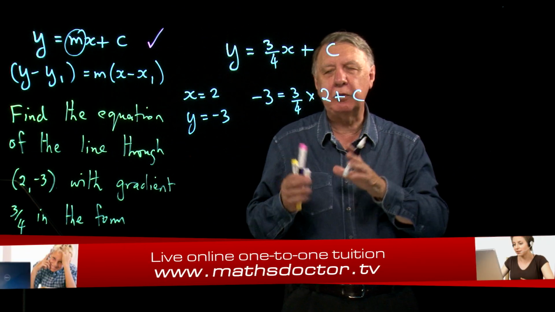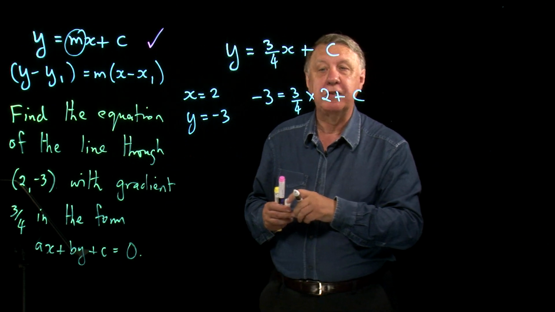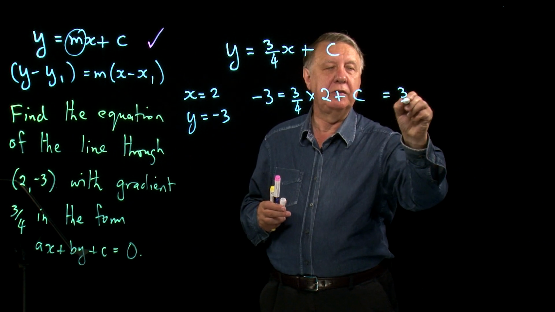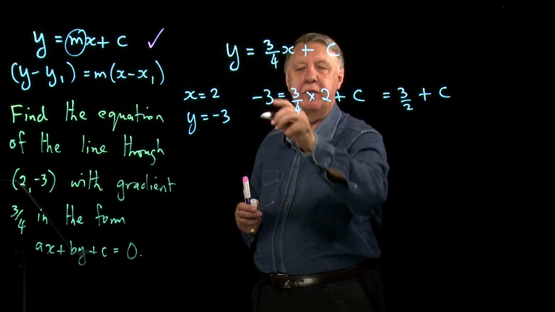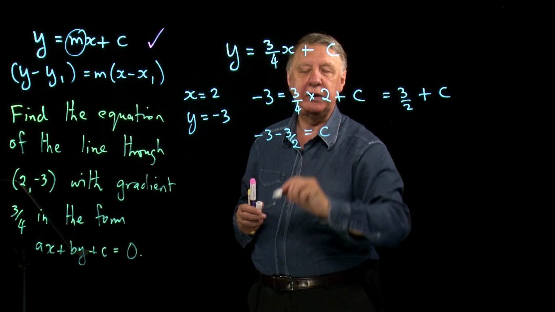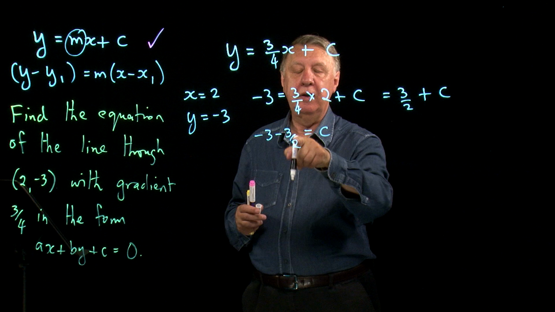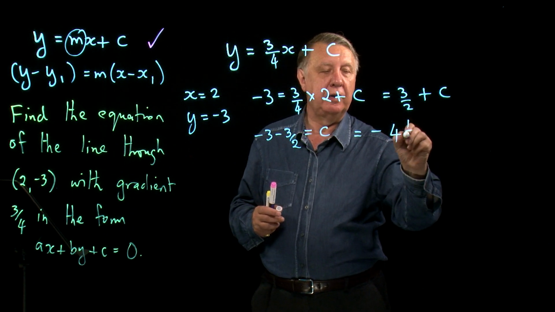Now for some of you, you're already perhaps panicking a little bit because it's got fractions in it. 3/4 times 2 is 3/2 plus c. Take away 3/2 from each side and we get that c is negative 3, take away 1.5, which is negative 4.5.